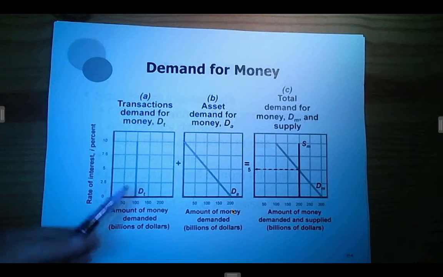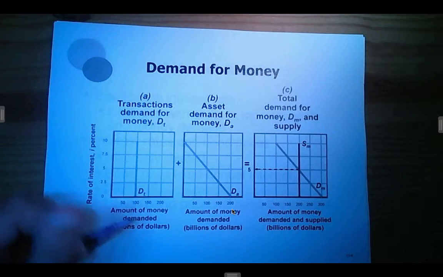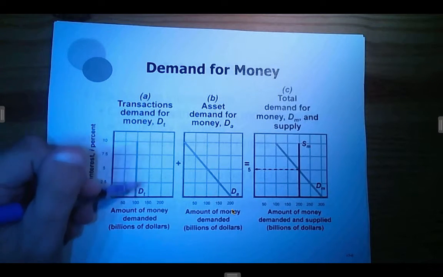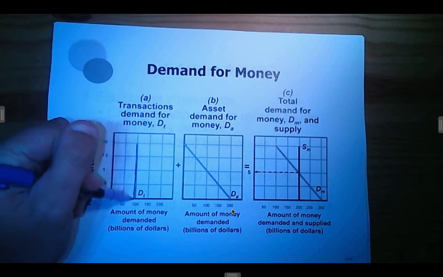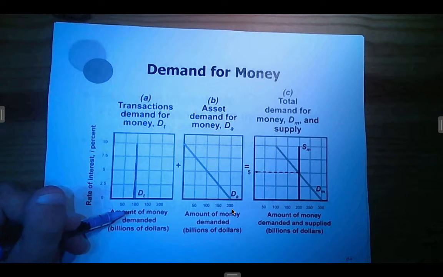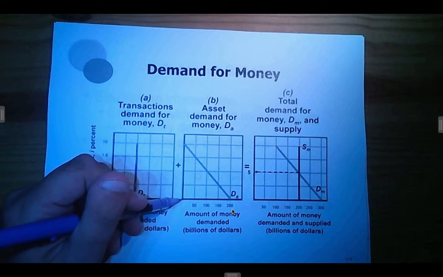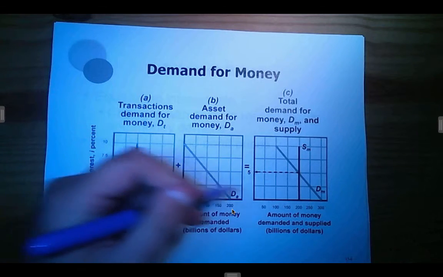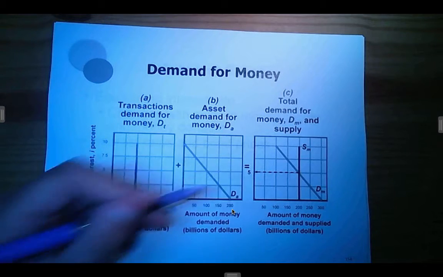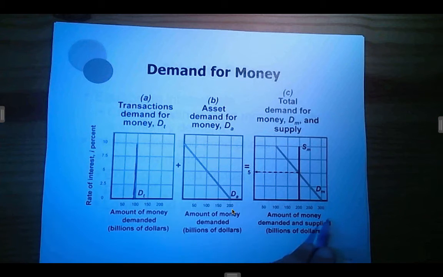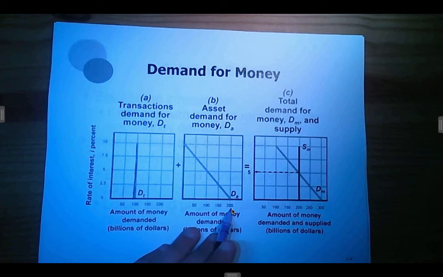All that they're doing here is saying that given the fixed size of the economy, let's say that the economy requires $100 billion of money to exist, all it's going to do is shift this by 100. So at interest rate infinity, we are at 100, because that's our starting point, and the x-intercept on this side would be 100 more than 200.